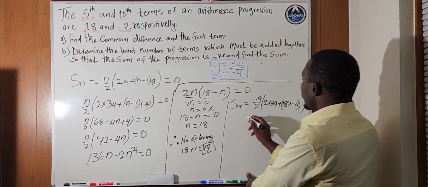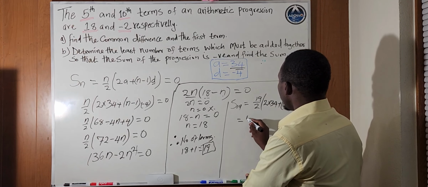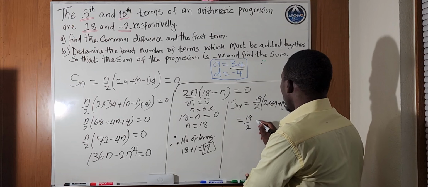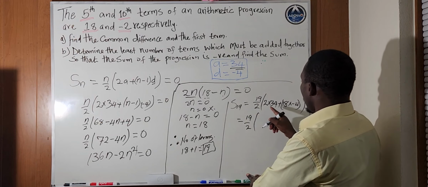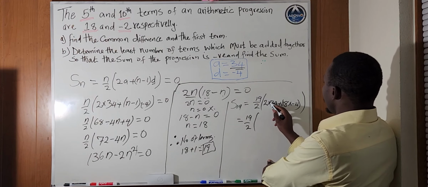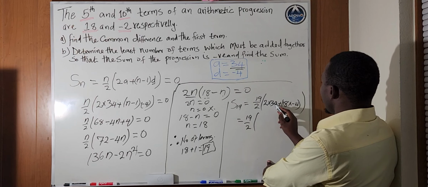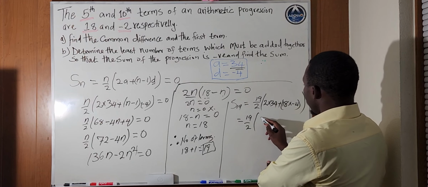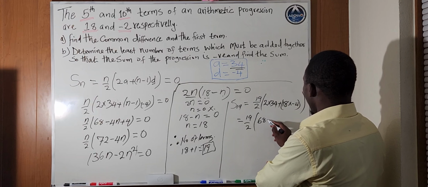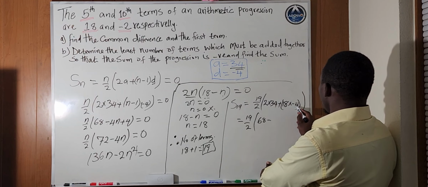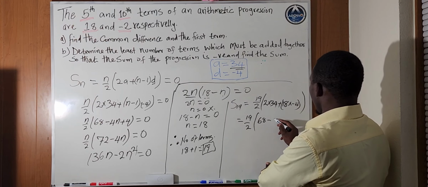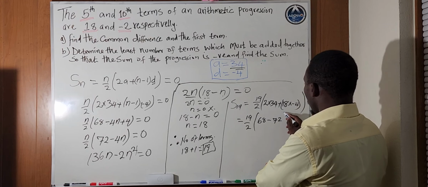So this will be the same as 19 over 2 into 68 minus, 18 times minus 4 will give you 72.